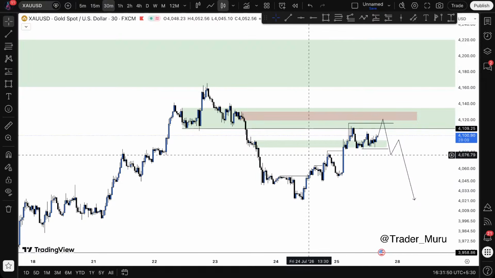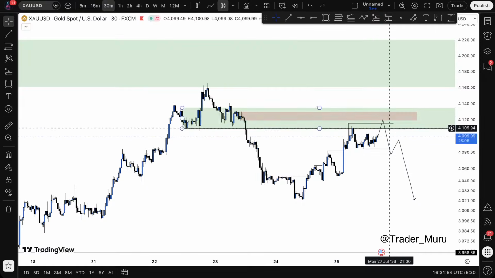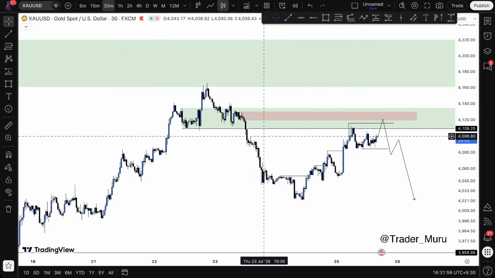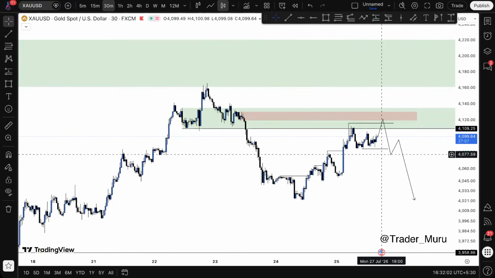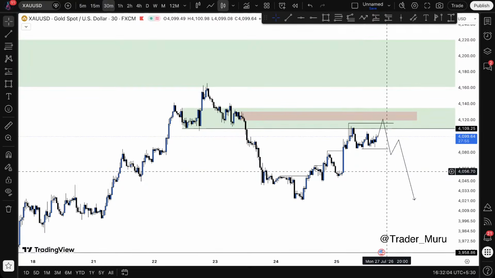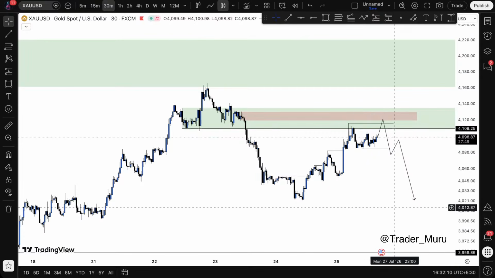According to structure, 1 hour is still bullish, 4 hour is still bearish, weekly is bearish, daily is bearish. So we will watch for the 1 hour structure to shift in the direction of the daily, weekly and 4 hour time frame. Then after we can continue shorting.